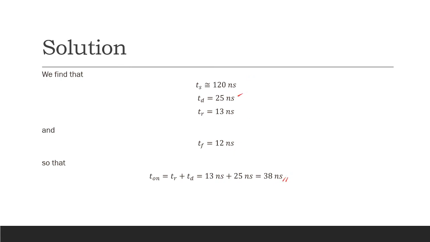Therefore, we have 38 nanoseconds. And our T-off is just TF plus TS. TS is 120 and TF is 12. So our turn-off time is 132 nanoseconds. That is how we solve it.